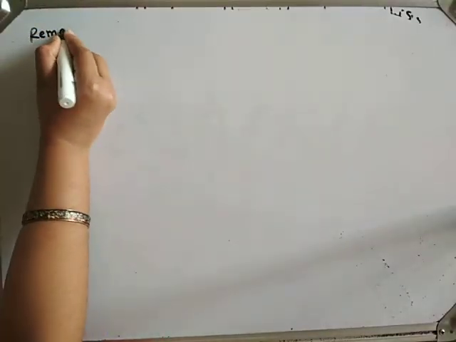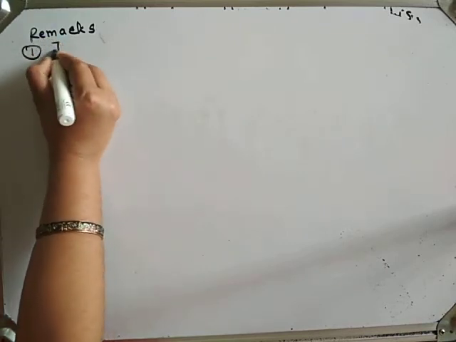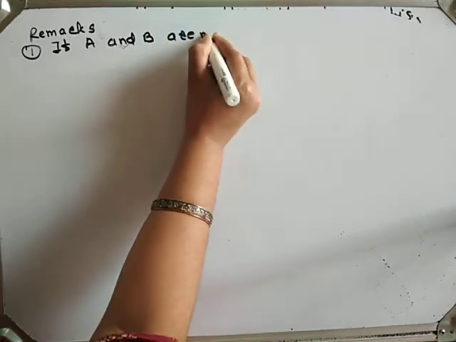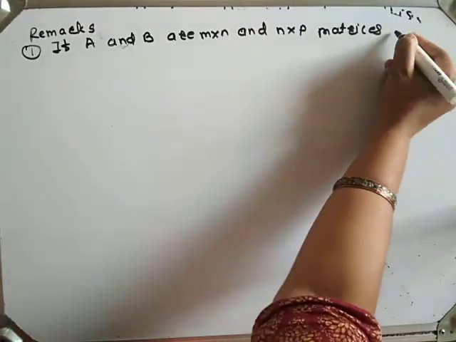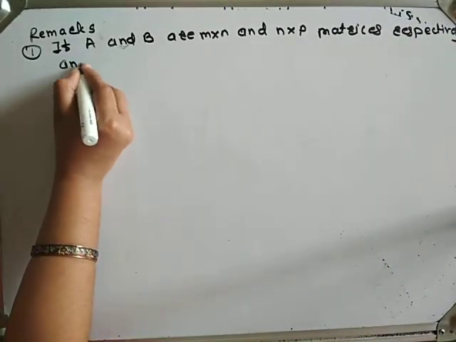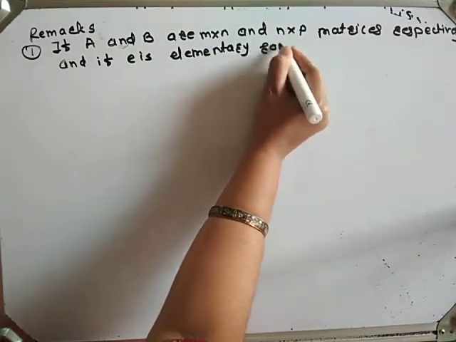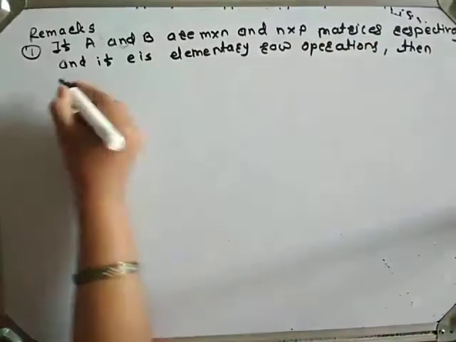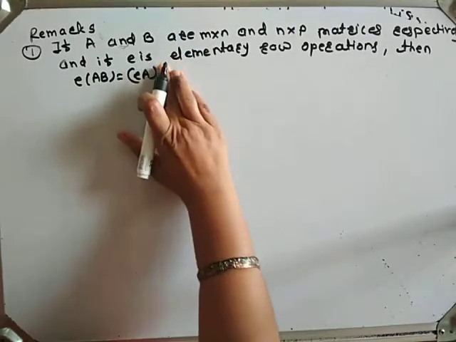Let us take some remarks. First one is, if A and B are m by n and n by p matrices respectively, and if E is an elementary row operation, then E(AB) equals (EA)B.